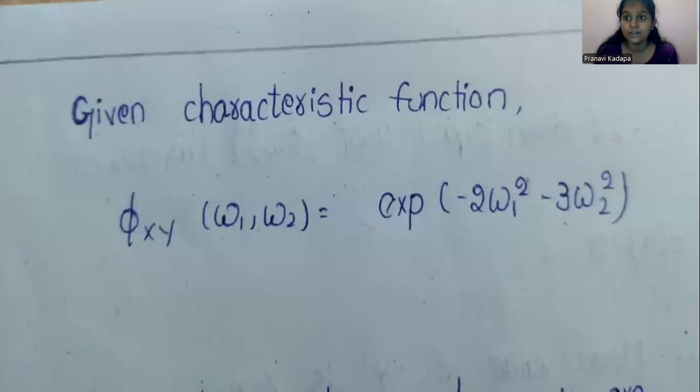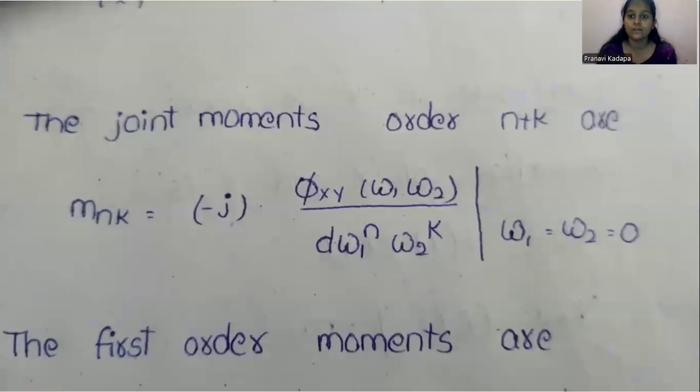So let's see the answer for the given question. The given characteristic function is phi X,Y of omega 1, omega 2 equals exponential of minus 2 omega 1 squared minus 8 omega 2 squared. So how do we find the joint moments?